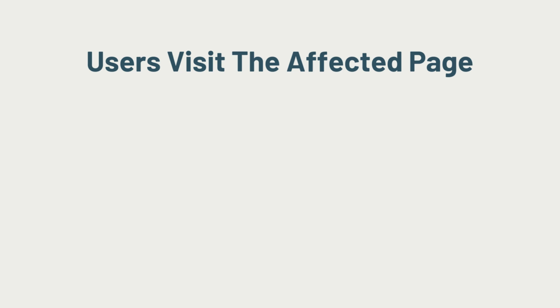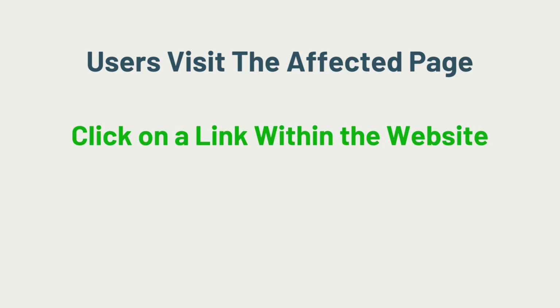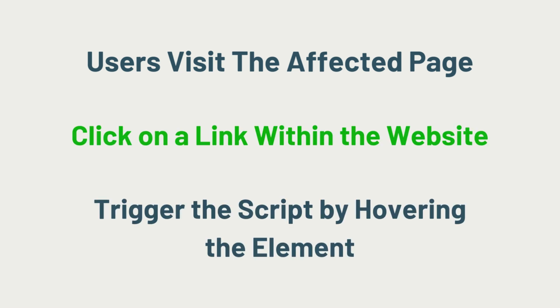However, over time, hackers realized that cross-site scripting could also occur entirely within a single website. This means that they no longer need to rely on a crafted link that a victim might click. Today, attackers can inject malicious scripts directly into a website and wait for users to visit the affected page, click on a link within the website, or even trigger the script by hovering over an element with their mouse.